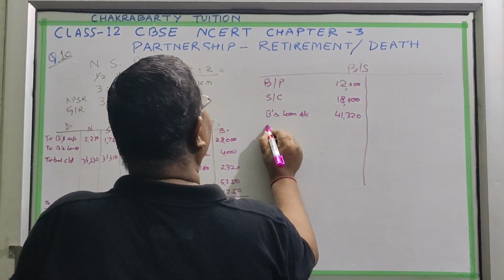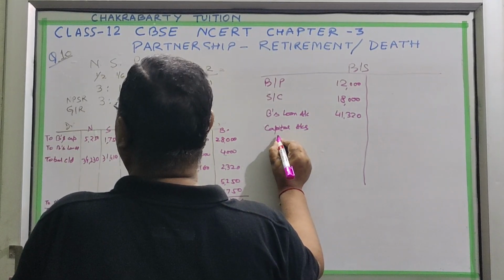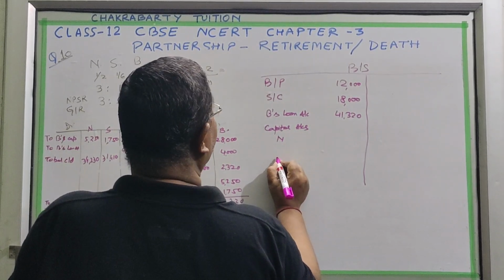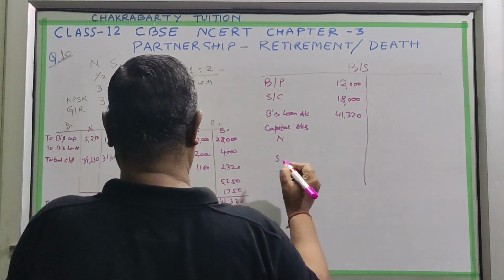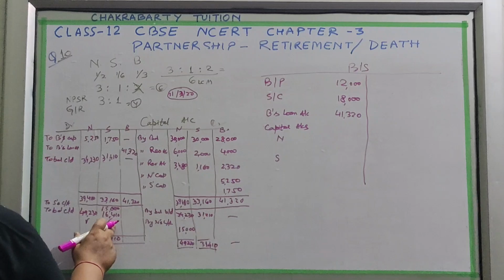41,320. Then capital accounts of Narang and Suri. We have calculated capital account balances 49,230 and 16,410.